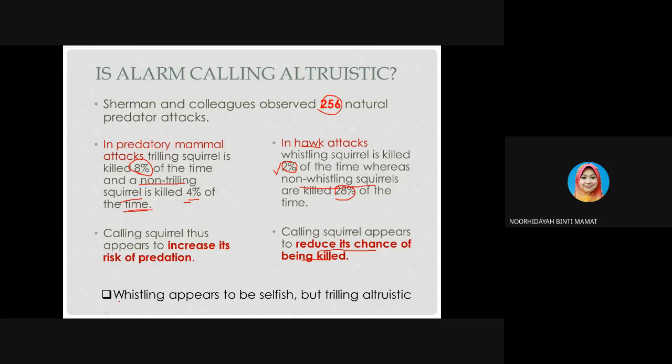So the whistling appears to be selfish, because they give more chance to be killed by the predator to their members compared to itself. But the trilling squirrel appears to be altruistic.